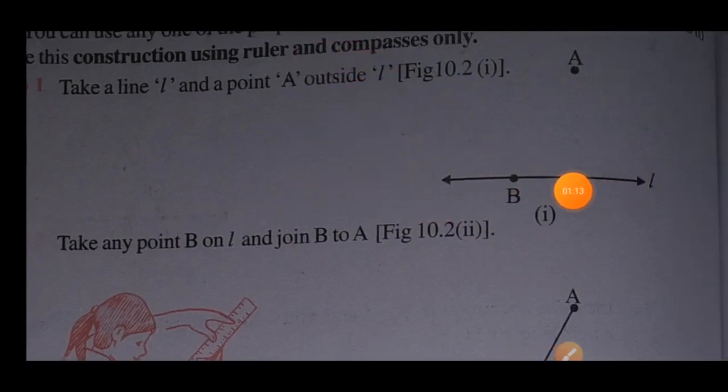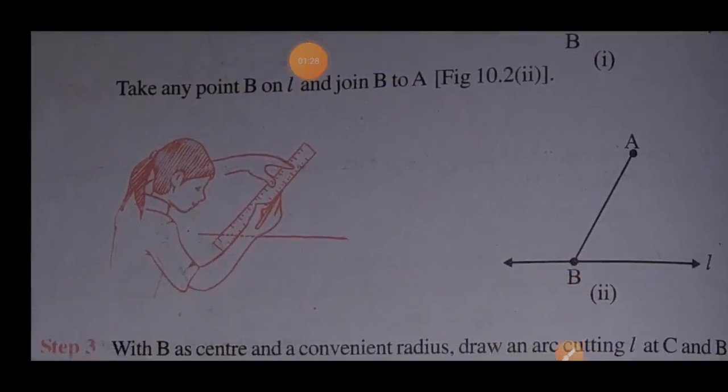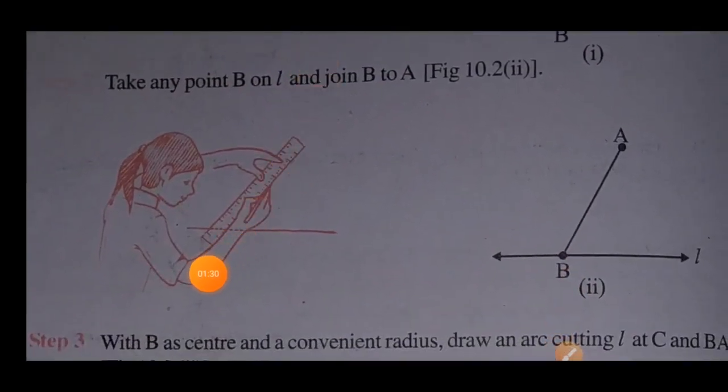This is the line L on which one point B is shown, and one more point A we take outside L. Take any point B on L and join B to A. Like this, you join the point B with A on line L.